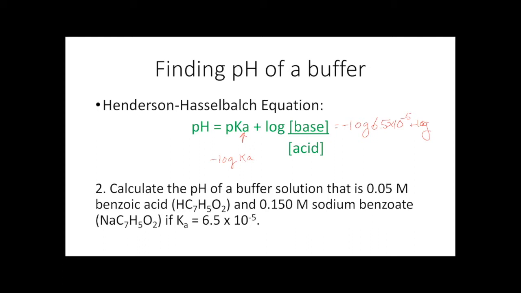Please make sure that you don't get these confused. This is the acid, this is the base. Okay? Acid, base. All right. So we need base over acid, so we're going to put 0.150 divided by 0.05. All right, and if we calculate this out, my pH is 4.67.